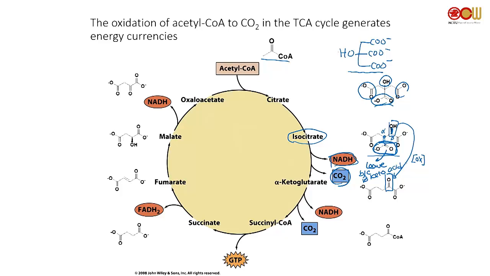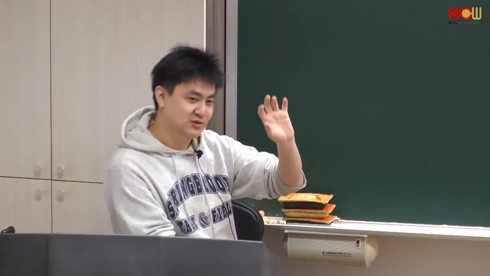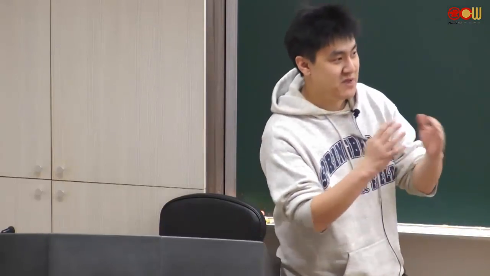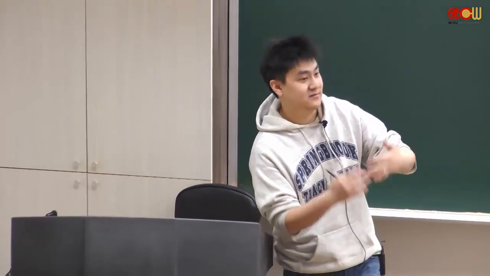This reaction is very similar to a reaction that we talked about last lecture or the lecture before. There was one reaction that also oxidized an OH into a C double bond O, and then somehow made a beta keto acid, and then the carboxylate leaves. Do you guys remember?